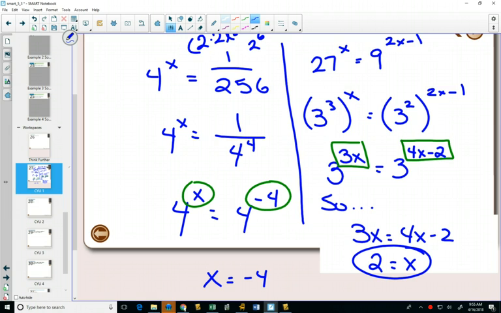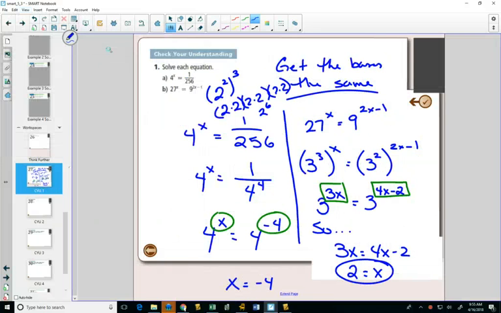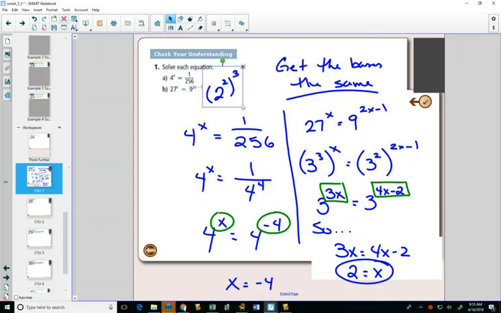So if we can get the bases the same by using our powers chart and then using our exponent laws. In the first one we had to use a negative exponent law to get the bases the same.